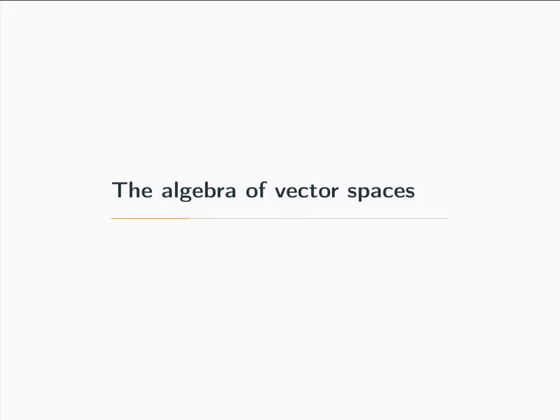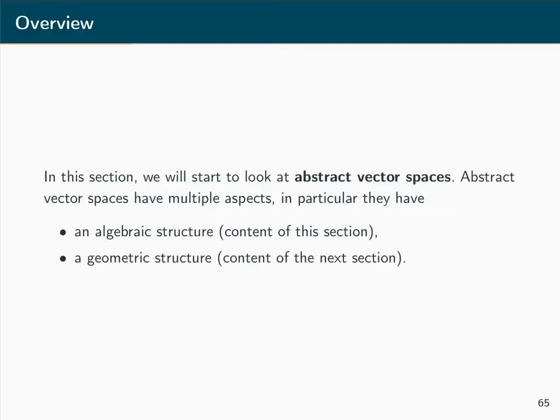With this chapter, chapter 4, we really start to dive into the core material. In particular, we start to define vector spaces in an abstract algebraic form, and the chapter is therefore called the algebra of vector spaces. So, what does it mean when we speak about abstract vector spaces?